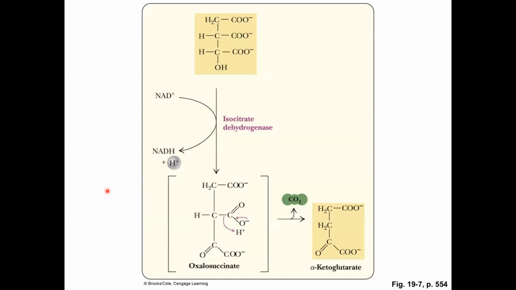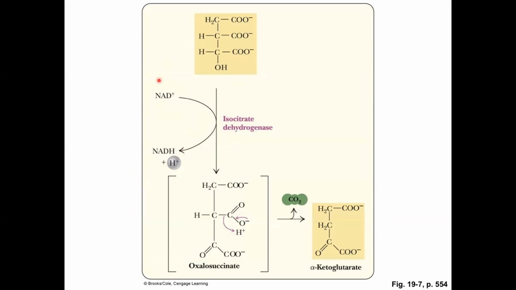This is our third reaction, and this is where our first oxidative decarboxylation occurs. Here we have isocitrate as our substrate, and isocitrate dehydrogenase is our enzyme. When you see dehydrogenase, this essentially means oxidation is going to occur.